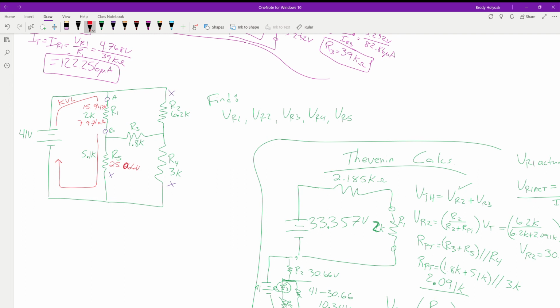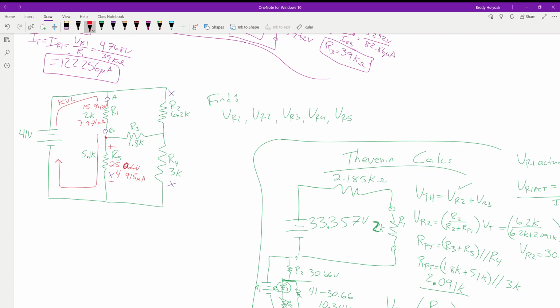Okay, how much current do we have going through R5? .915 milliamps. And we know we're going to have current that's going to be charged in this polarity. So current flowing from negative to positive is how we're going to look at this guy. So if we have 4.9115 milliamps coming up into this node here, we have 7.971 milliamps coming into there. How much current do we have to have in R3?